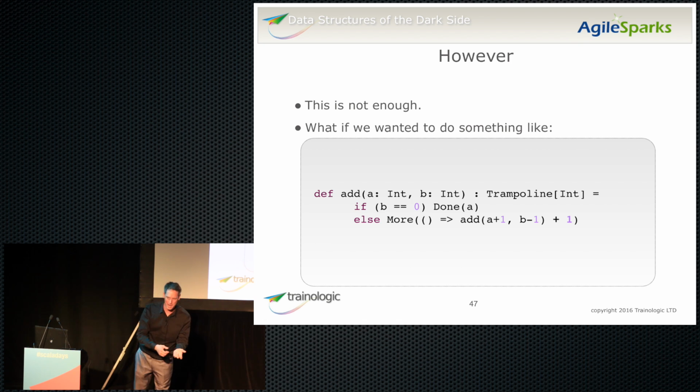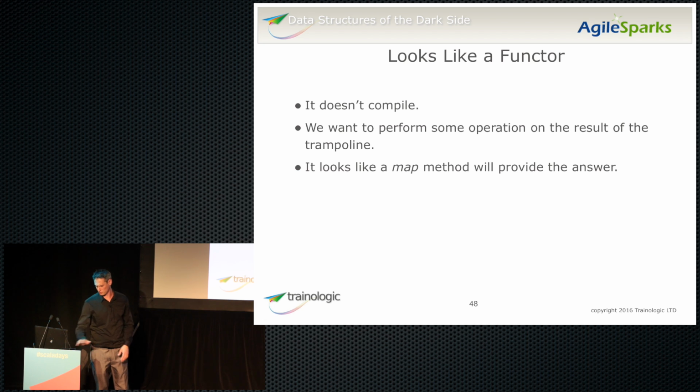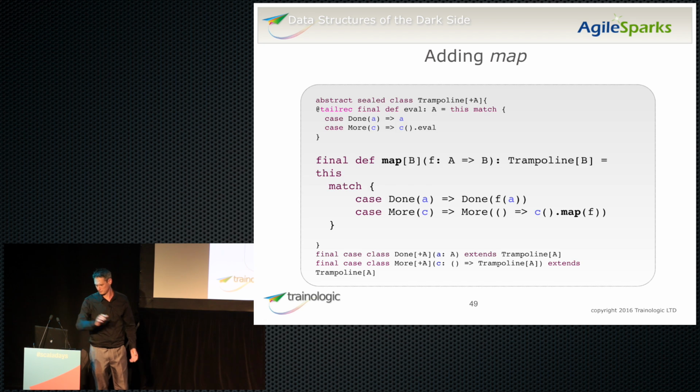Why don't you use map and provide the +1 inside? Okay, let's try to do it. Looks like a functor. Yes, here it is. The map, if it's done, just invokes f on the value. Otherwise, invoke the next step and then map with f. But the problem is, this is not tail recursion. You see, it's a recursion, map and map, but not a tail recursion.